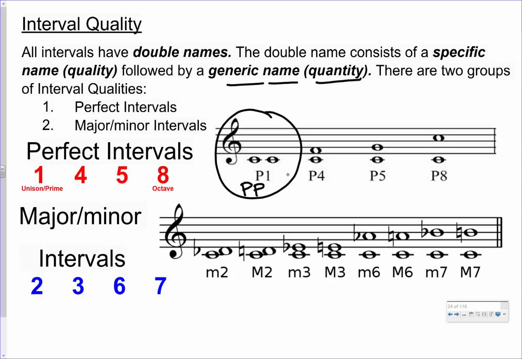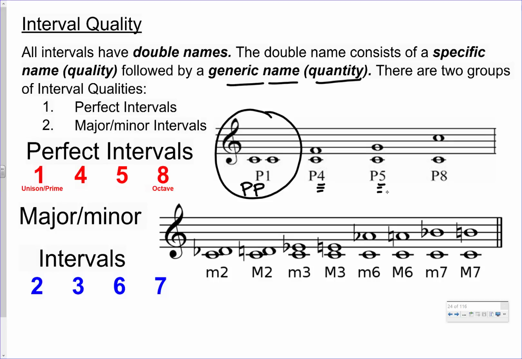The one next to that, we have the generic number of a 4. So we know that it is a perfect fourth, or P4. We are going to be using capital letters, P for perfect, capital P. The next one is a perfect fifth.